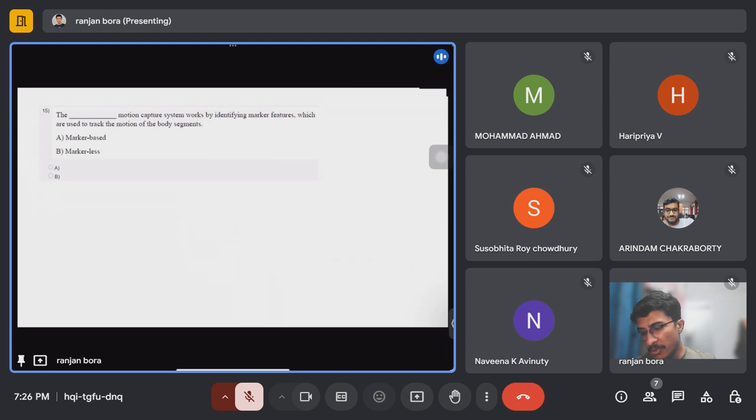The motion capture system works by identifying marker features which are used to track the motion of the body segments. A is correct. Marker based.